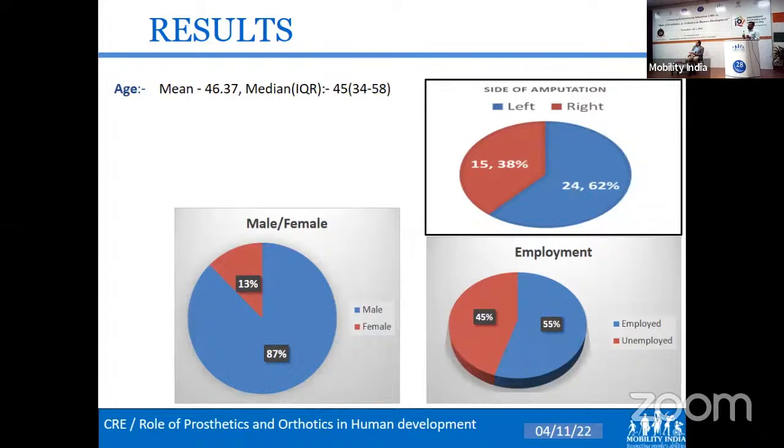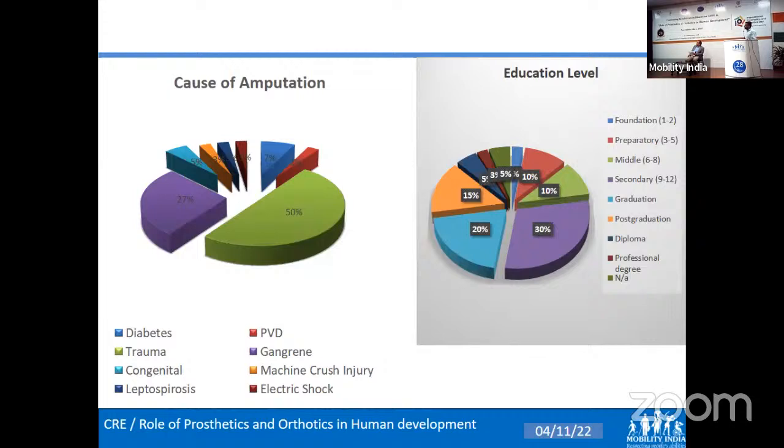Now moving on to results. First of all, the socio-demographic information of the participants, which includes age. The mean age of my participants was 46 years. After that, side of amputation: I included only unilateral, so only right or left, no bilateral patients. Then gender ratio, then employment. Then cause of amputation, in which 50% of amputations were due to traumatic incidents, and the second largest was diabetic cases.